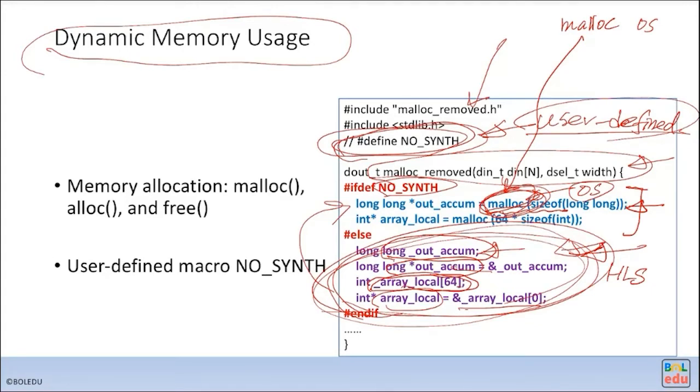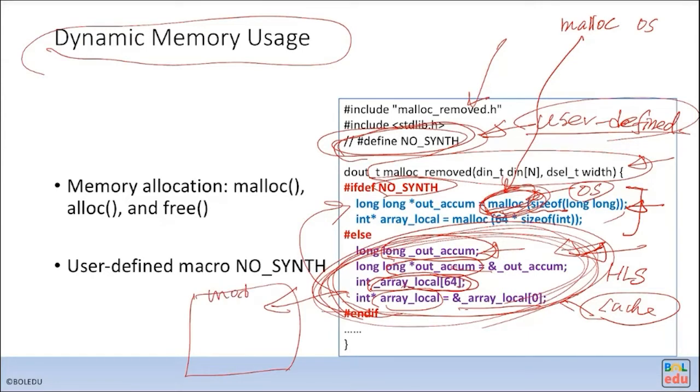In actual HLS synthesis, this could be only a cache or a small amount of memory, but to process the external big memory, you may have another module outside to pre-process and feed into here. I don't know whether you can understand what I'm saying. Basically, remember that high-level synthesis could not use malloc. That's all you need to know.